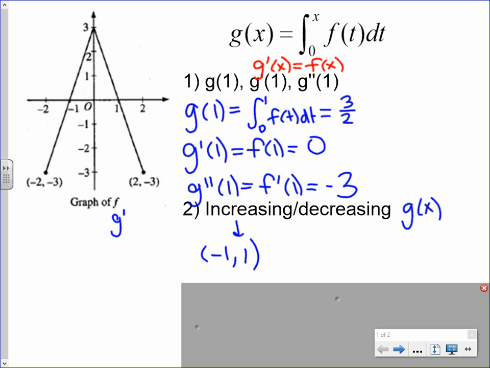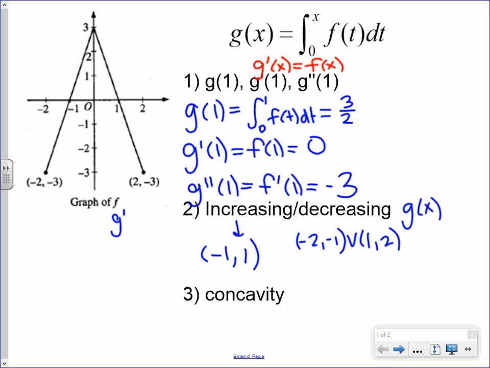And where our derivative has positive values, that means our function is increasing. Okay, so let's talk about decreasing. Michaela, where would our function be decreasing? Okay, -2 to -1 and 1 to 2 because that's where our derivative is negative. Okay. We're wrapping our head around that idea one more time.